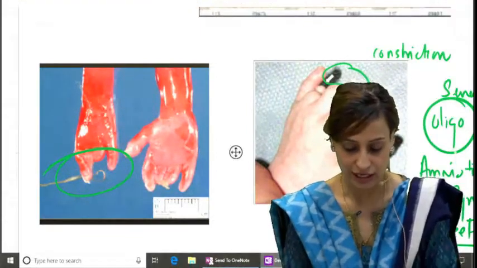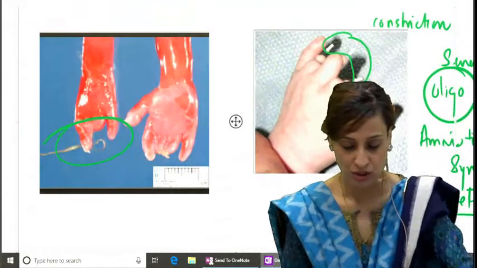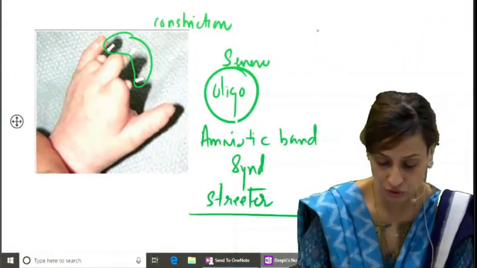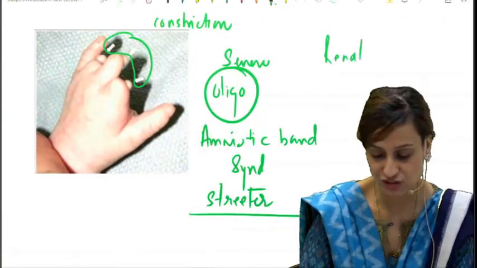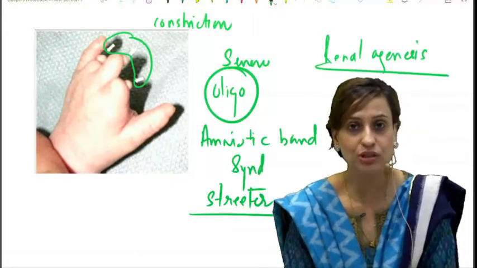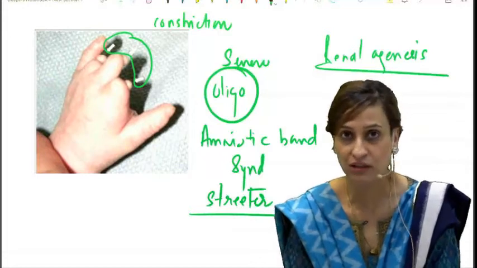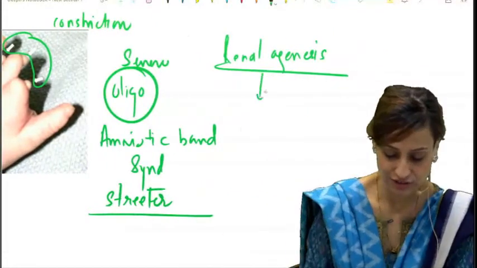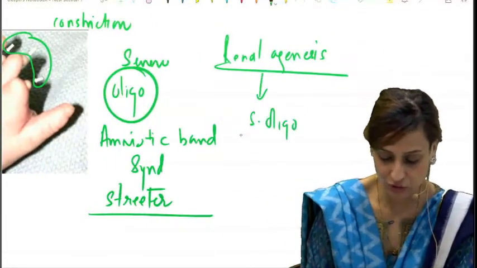Another thing related to severe oligo you should know is renal agenesis, right? If there is no urine output, there will be no amniotic fluid as well. So when there is renal agenesis, there will be severe oligohydramnios, right?